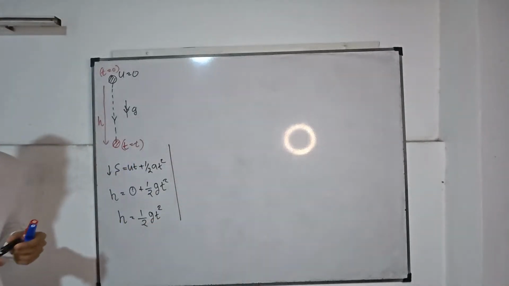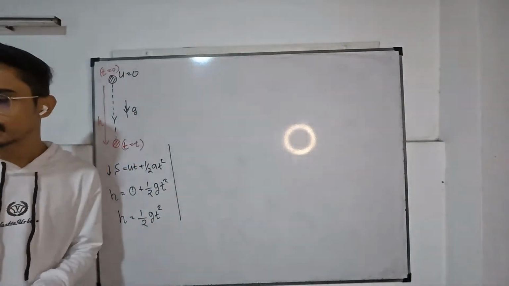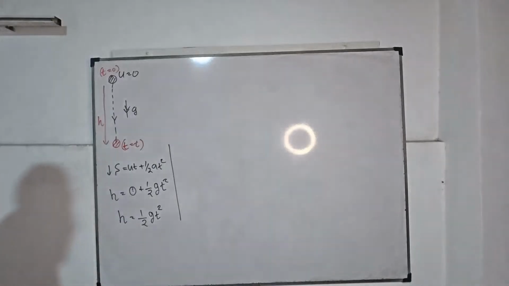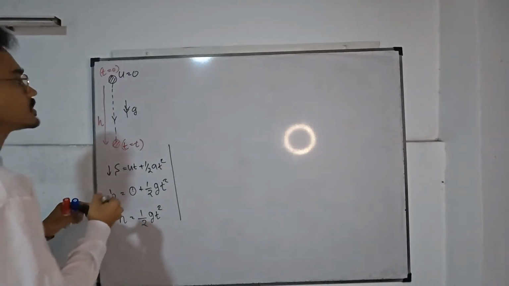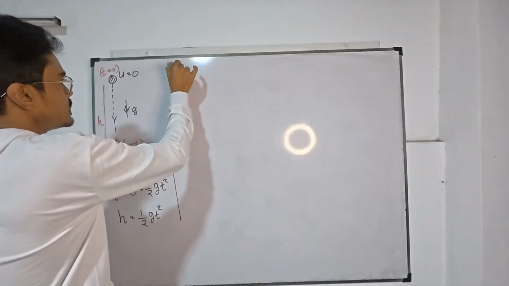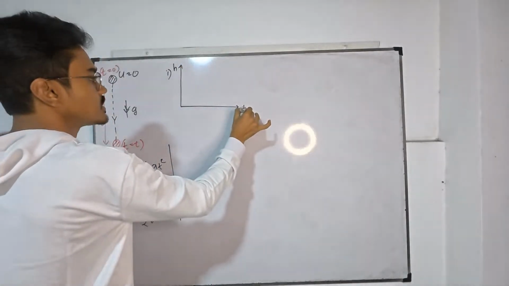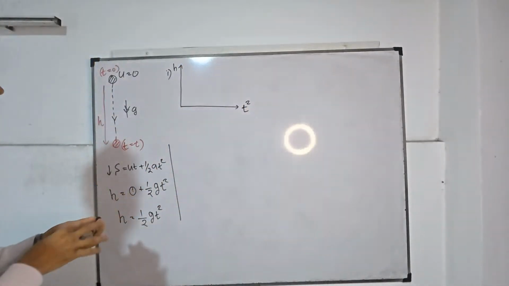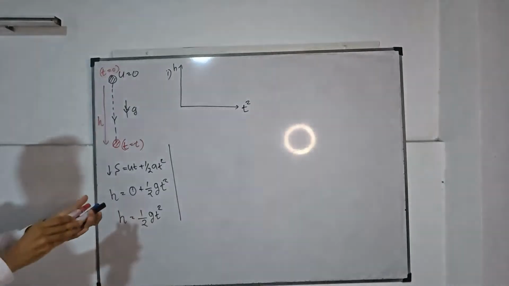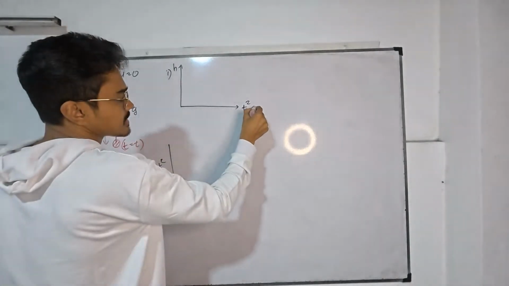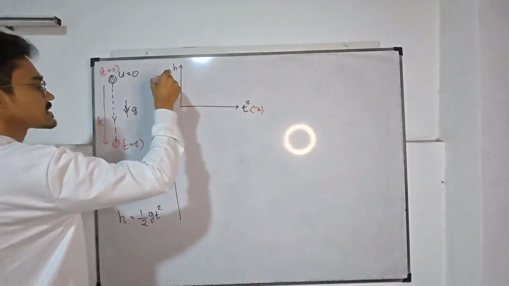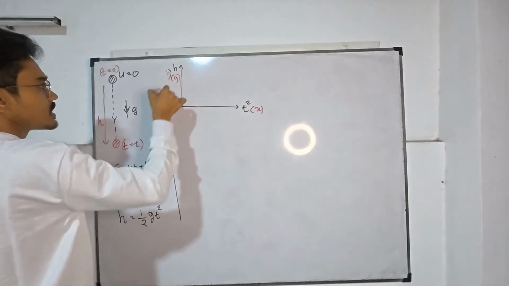Having that in hand, now let's go to the graphs. First one, h with t squared. In my graph, t squared is acting as x and h is acting as y.